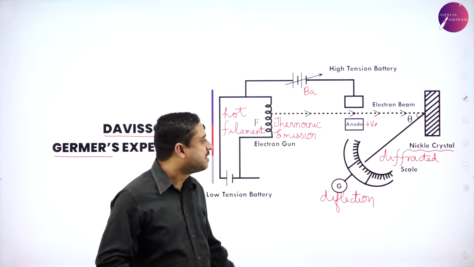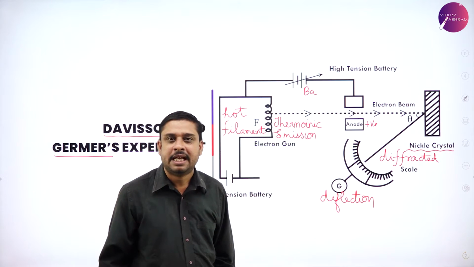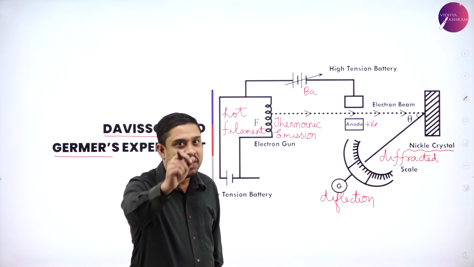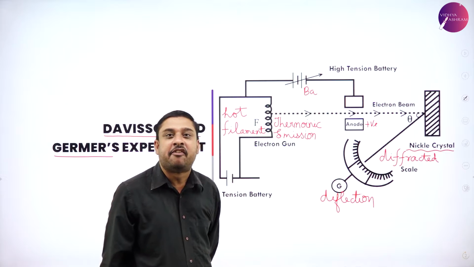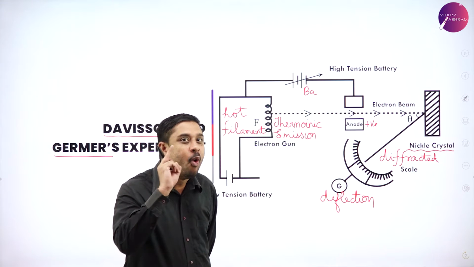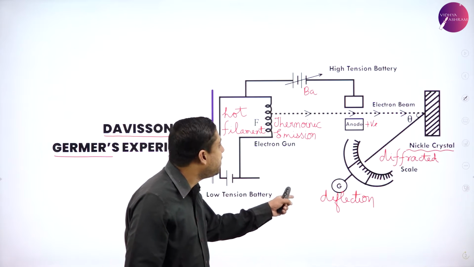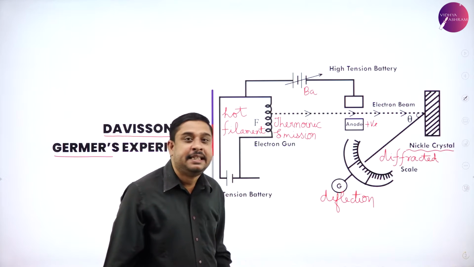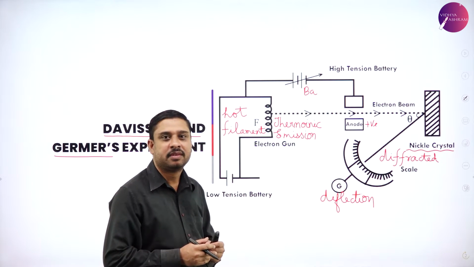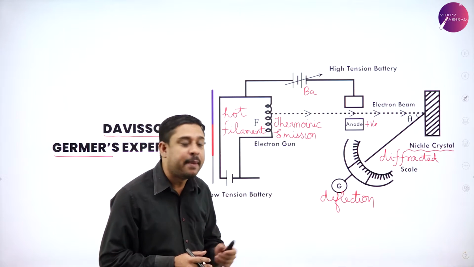My dear students, the moment I say diffraction of electrons, you know that it is a phenomenon that can be explained only by attributing wave nature. So experimentally, here the wave nature of electrons is established. But I have to give a mathematical confirmation for that.